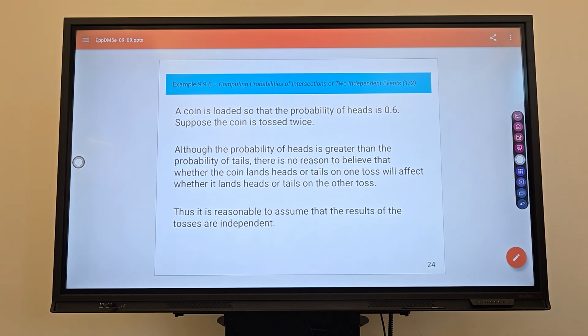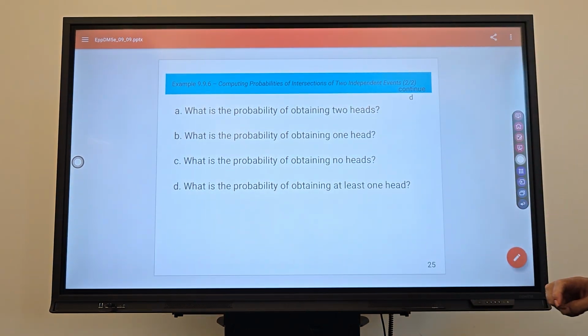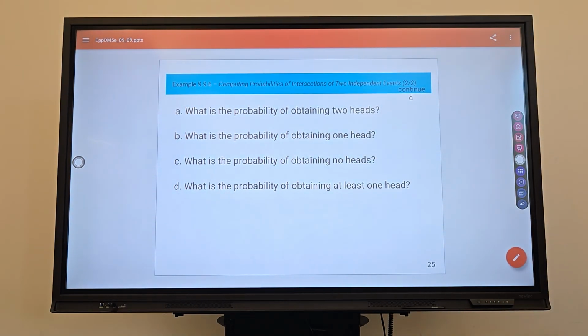Thus, it is reasonable to assume that the results of the tosses are independent. What is the probability of obtaining two heads? Well, that's two independent events, so it would be 0.6 times 0.6, or 0.36, or 36%.